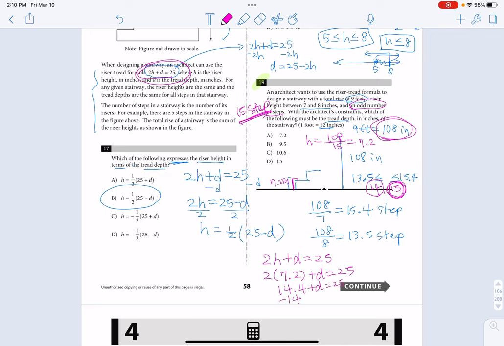You subtract 14.4 on both sides. 25 minus 14.4 gives you 10.6. So tread depth d equals 10.6. That's how you get it.